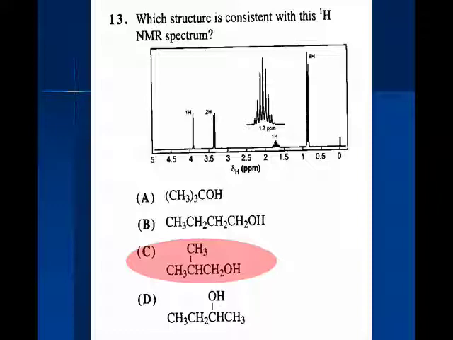Also, if we look at the OH, it has 2 neighbors. Shouldn't it appear as a triplet? But it's appearing as a singlet. What did you all learn in your book about hydrogen atoms that are on heteroatoms? Things like OH and NH. Nope. There is no N-1 rule. It was a guess.